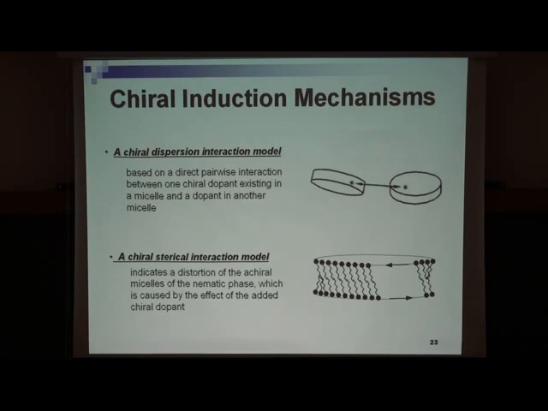And in the second model, when you add a chiral molecule into the nematic phase, one surface is turned like this, the other one is like this. So distorted micelles can be obtained. Then the chirality is transferred to the whole phase.